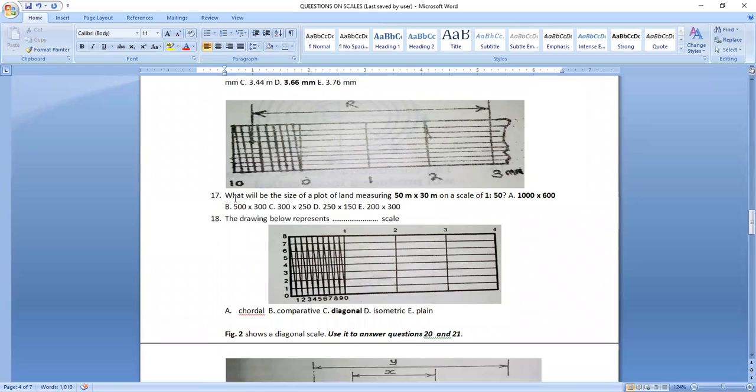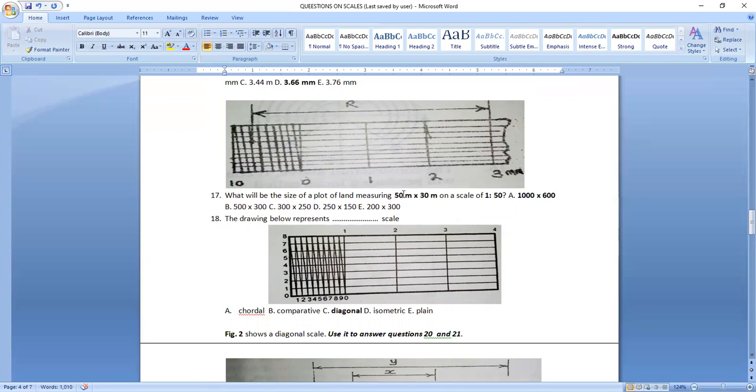Then question 17. What will be the size of a plot of land measuring 50 meters by 30 meters on a scale of 1:50? What we are going to do here is to convert this to millimeters, and we also convert this to millimeters.